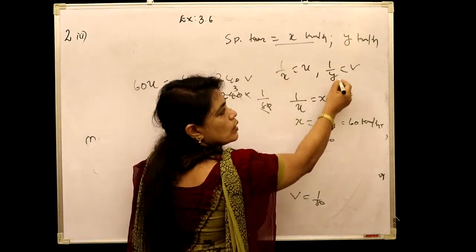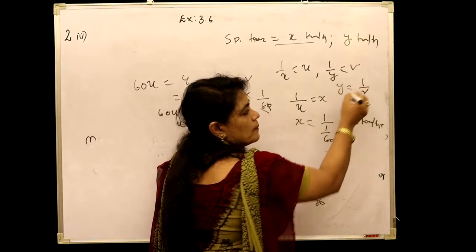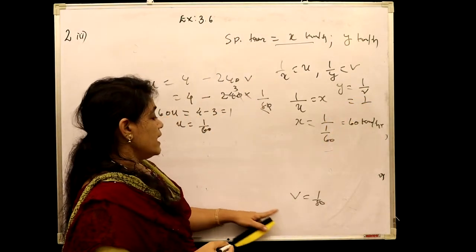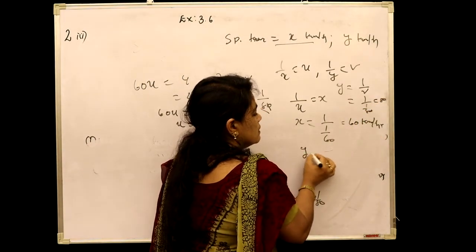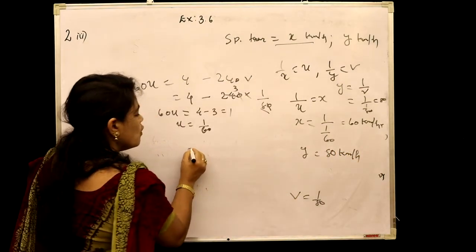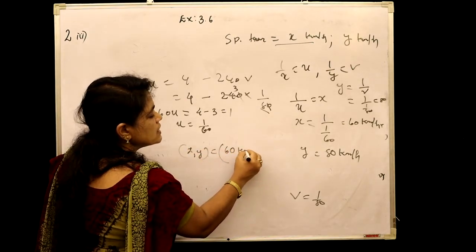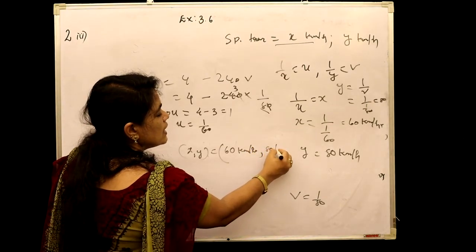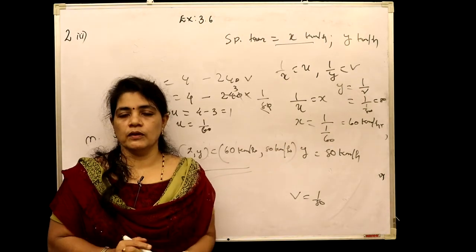And y is equal to 1 by v, that is the reciprocal of 1 by 80, which is 80 kilometers per hour. So x comma y is equal to, x is 60 kilometers per hour and y is 80 kilometers per hour. This is all about the last problem.